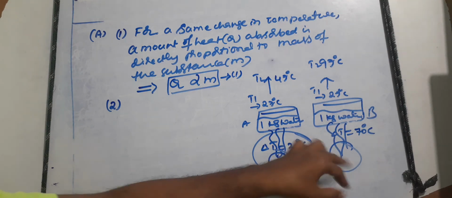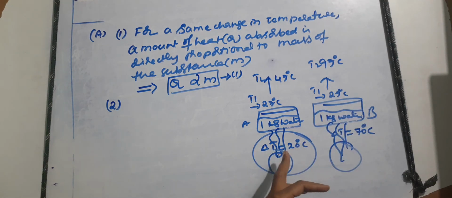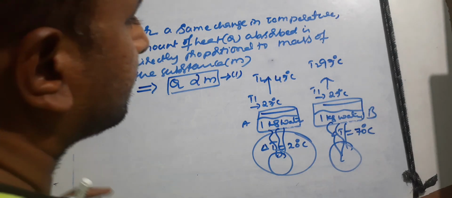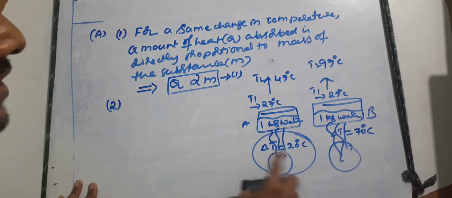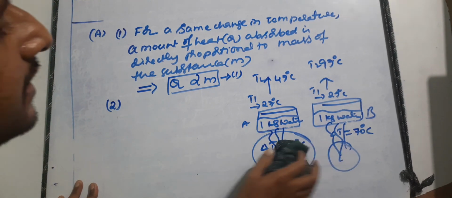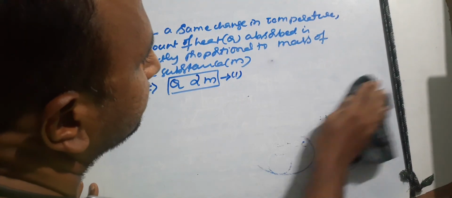So when delta T is higher, heat absorbed is higher. When delta T is lower, heat absorbed is lower. That is why here also the relation between Q and delta T is directly proportional for the same mass of the substance.